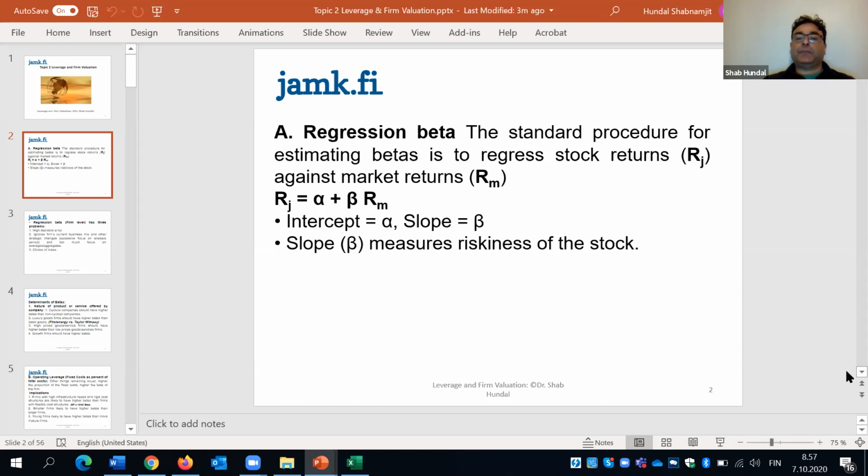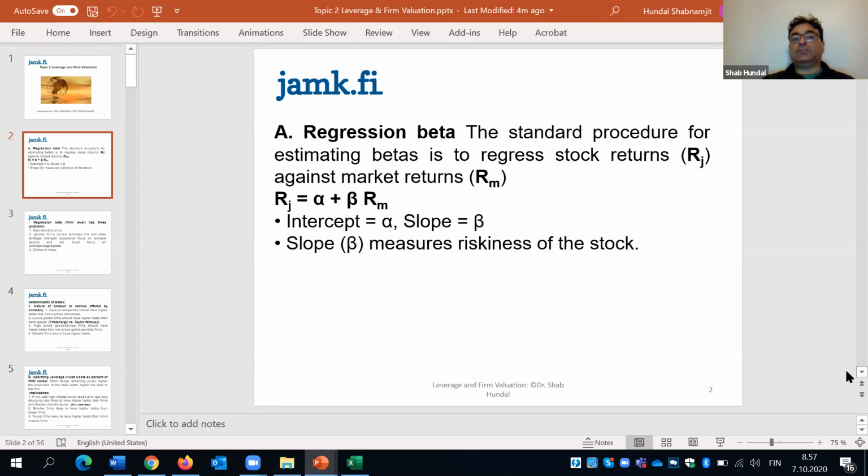Imagine a situation where the company borrows heavily. When the company borrows heavily, there's a negative reaction from investors, and in reality the stock price will go down. When the stock price goes down, the company's rate of return will change, and that will reflect itself in the form of increased beta.